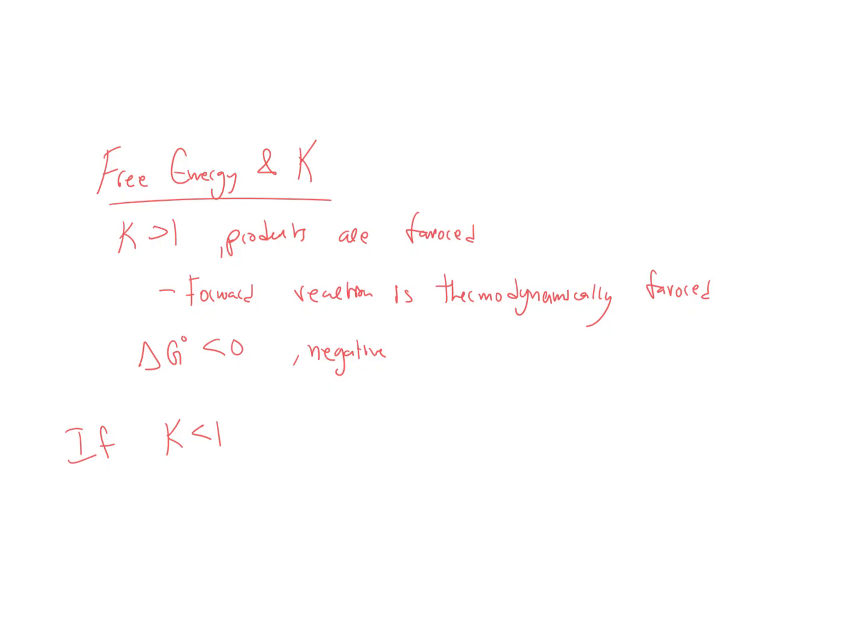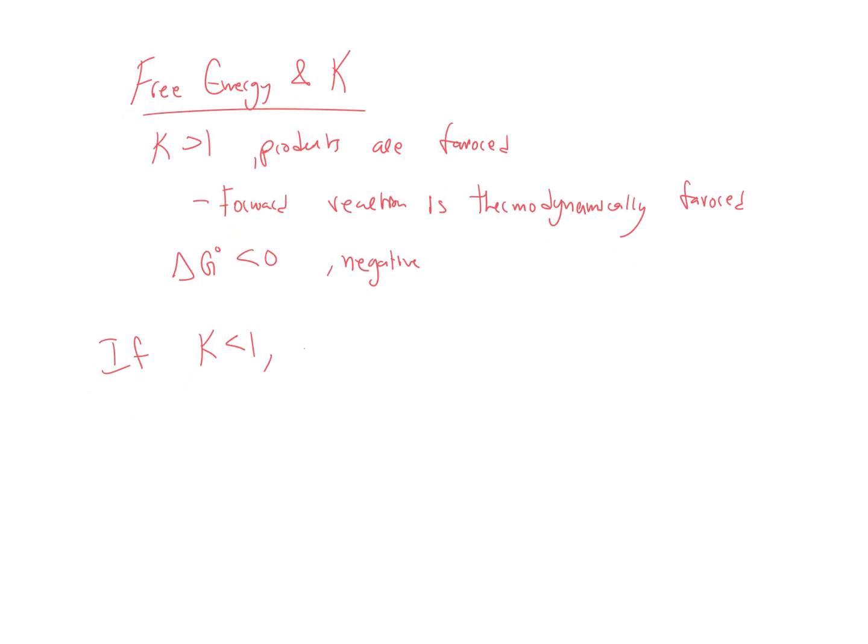if K is less than 1, that means that the reactants are favored. In other words, the reverse reaction is thermodynamically favored.